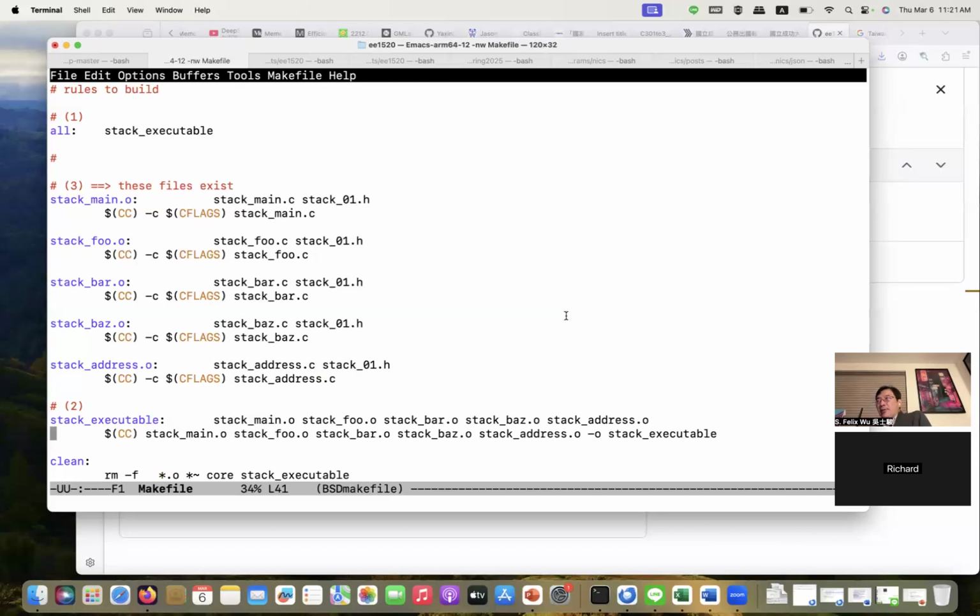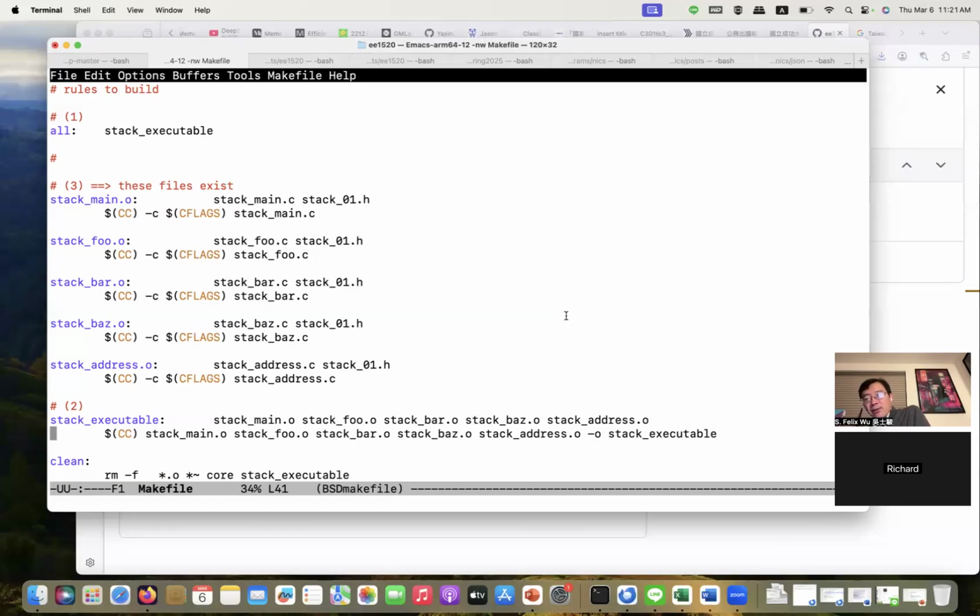So for each rule, you have the 3 parts. And the thing is that you can think about, okay, I have a bunch of rules in the makefile, and they all have this target, dependency, and action. Then you have to think about 2 questions, I guess.